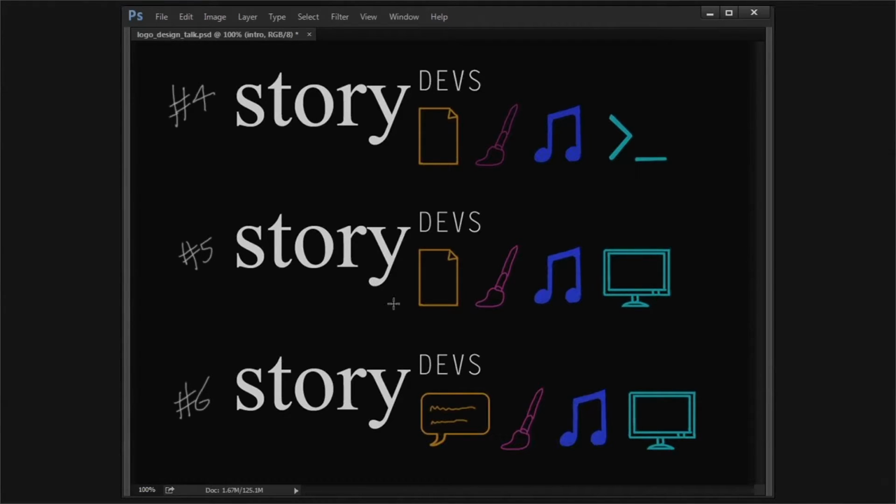Well, one thing you could do is just take one of the icons, the most important icon. Remember the hierarchy of writing, art, music, and programming. So you take the most important icon and you use it as a stand-in for all the logo.